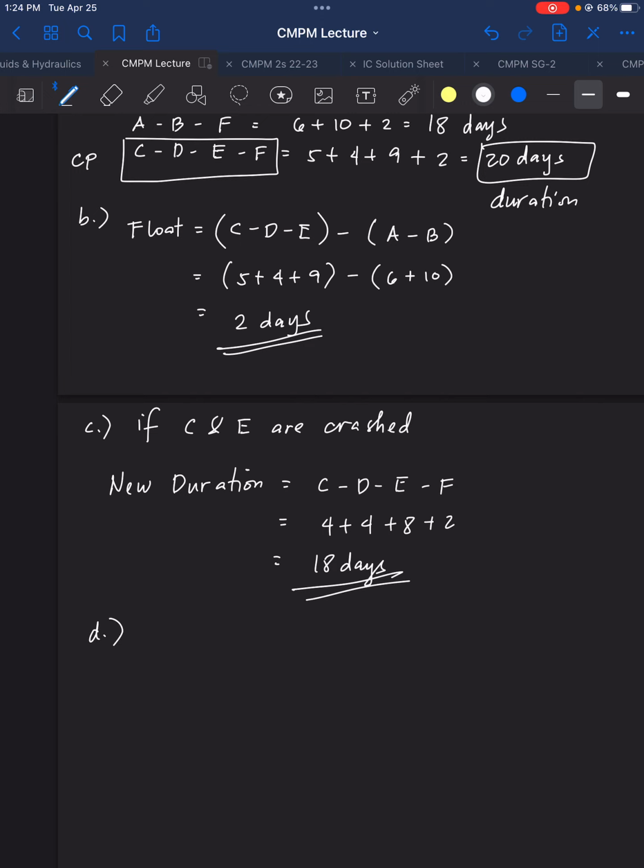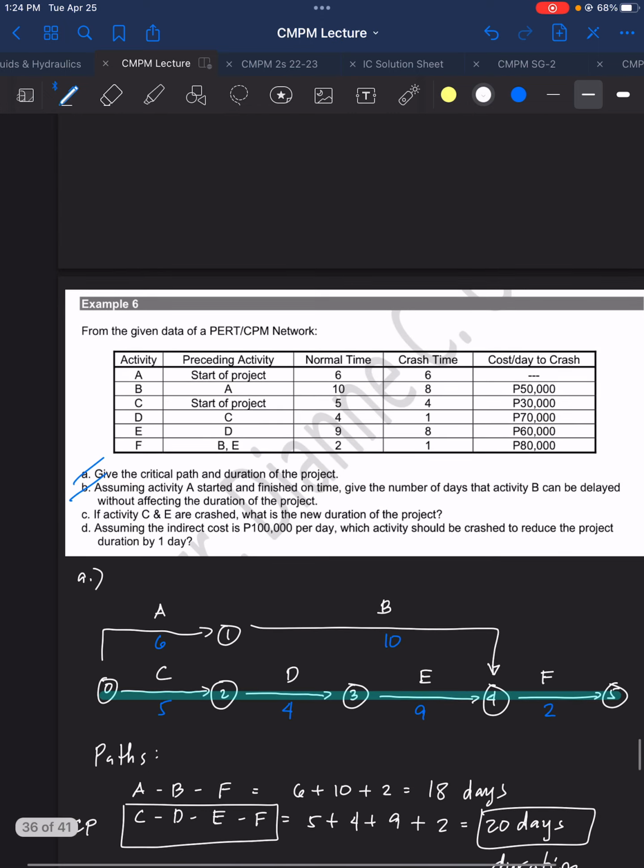Now, for letter D. Last question. Assuming the indirect cost is 100,000 per day, which activity should be crashed to reduce the project duration by 1 day?